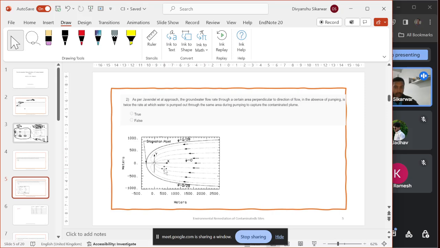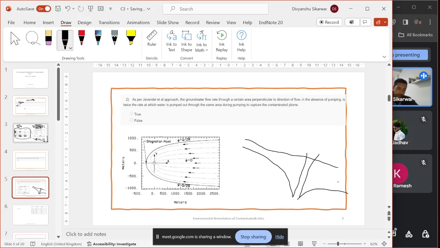So if I draw a planar view of this, it should be something like this. This is the ground and this will be a well. And the flow direction, something like this. This will be the flow direction, right? In this diagram, for the flow direction, we have to invert this image, sort of.